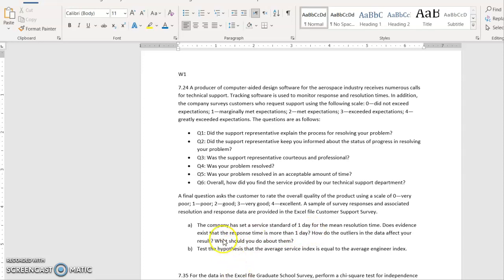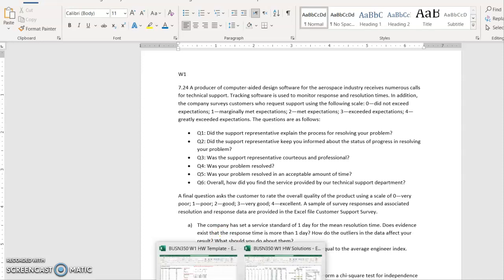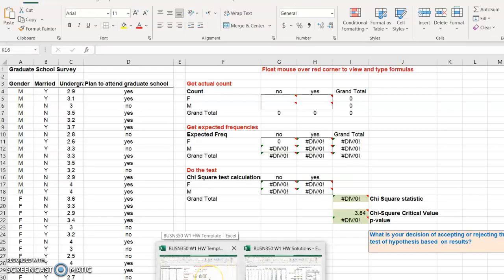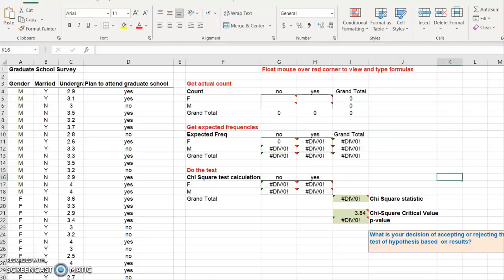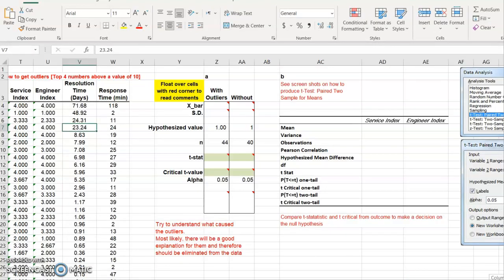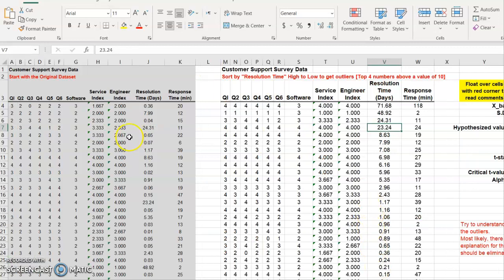So before we check on the questions, let's go and check on the data. This is the homework template. This is the original data in gray, and has all the questions and rating from 0 to 4 for all the questions, software rating from 0 to 4.